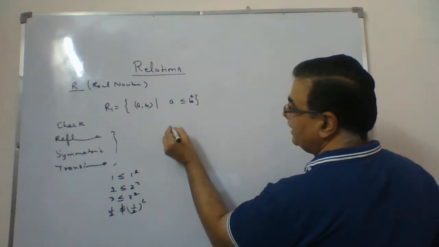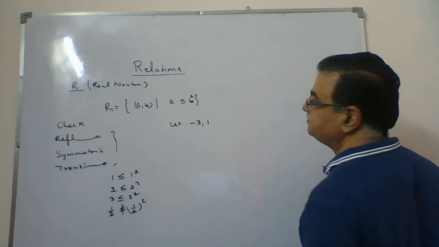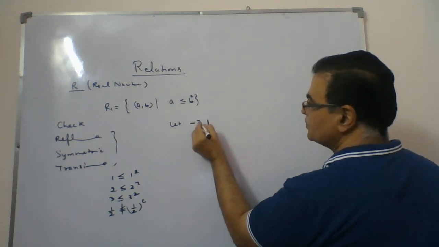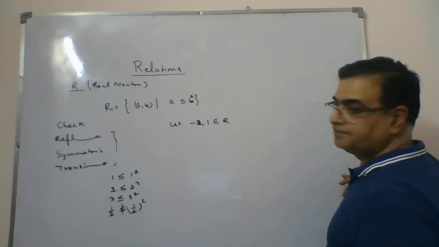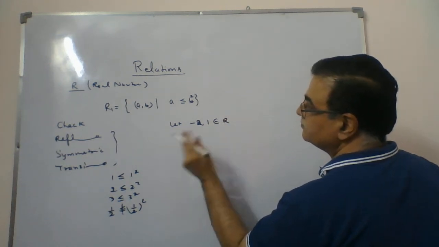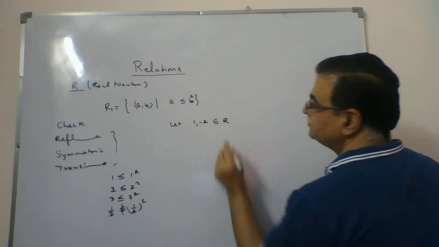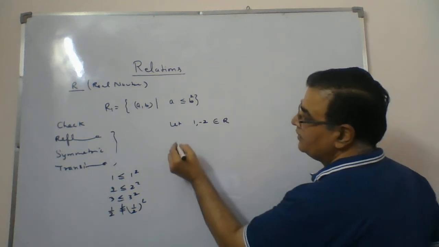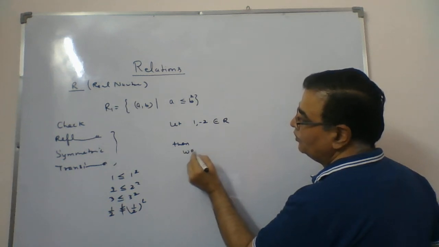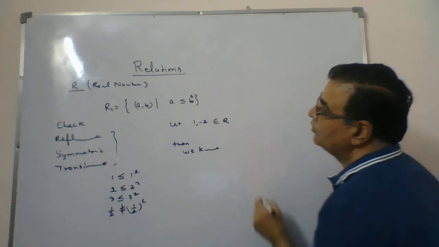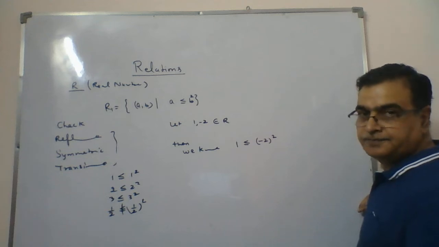For example, let us take (minus 3, 1), or we take (minus 2, 1) belongs to R. We'll take (1, minus 2) belongs to R. Then we know 1 is less than or equal to minus 2 whole square.